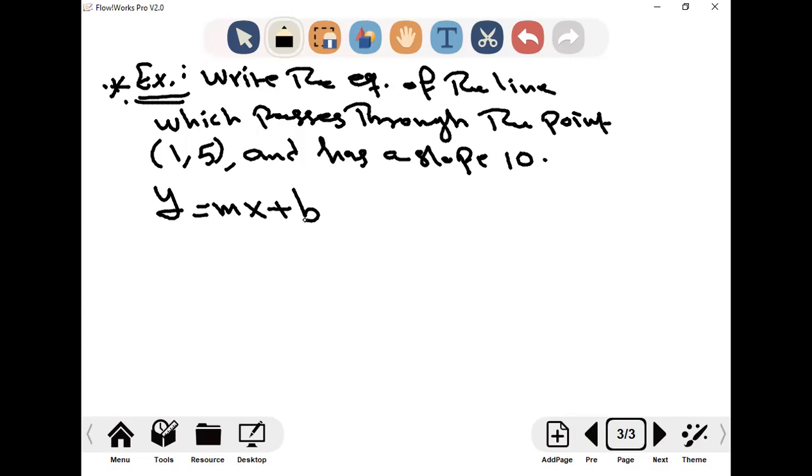What's m? 10. So you go to your formula and replace m by 10. So y equals 10x plus b. The first step, you replace m by the given value.